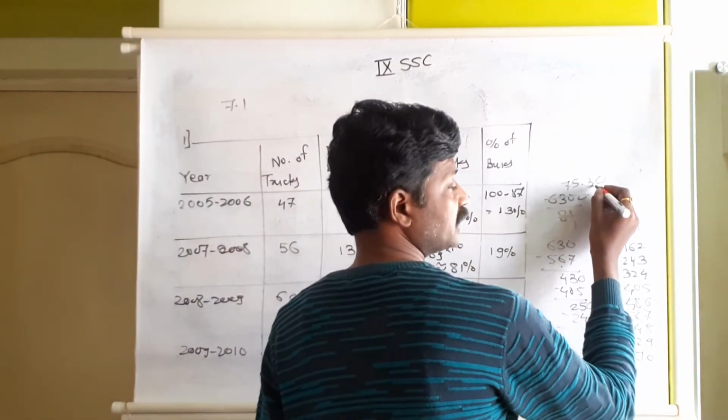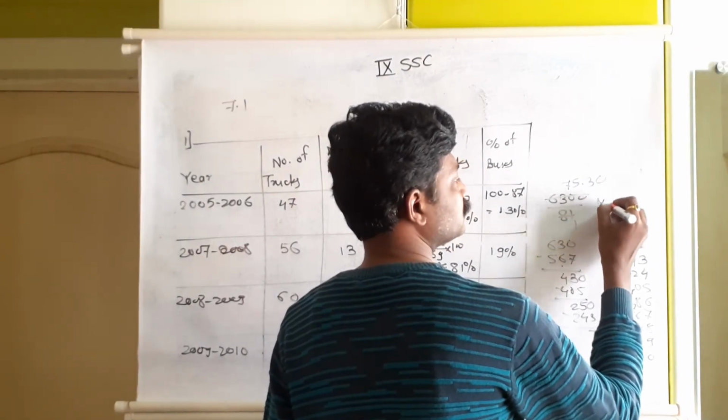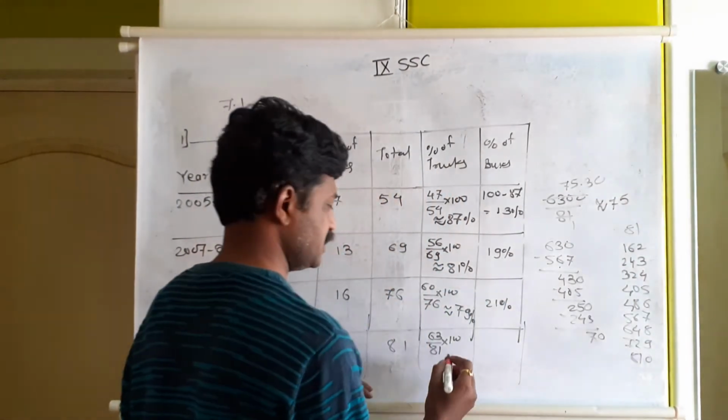After the decimal point the digit is greater than 5, so approximately it is equivalent to 78.